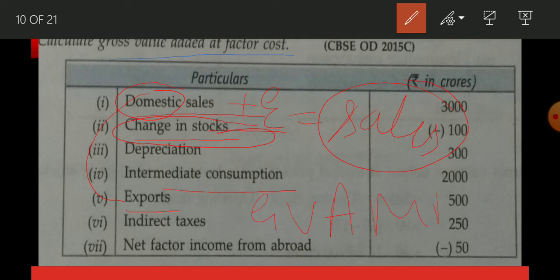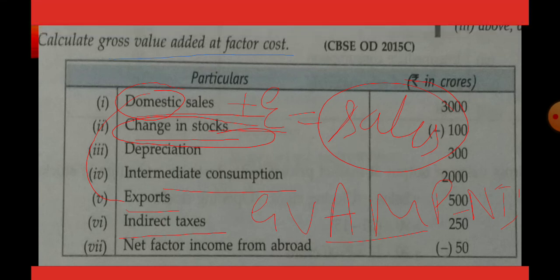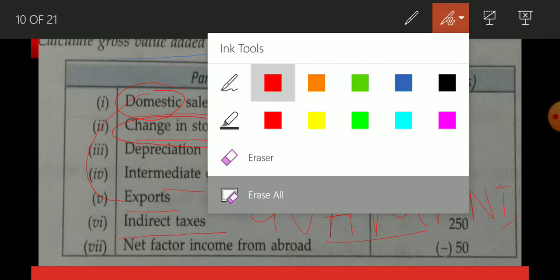And what we have to calculate? GVA FC. So from this equation we have to subtract NIT. Okay, here you can see only the value of indirect tax is given. So as I told you now, if only indirect tax is given, then it is subtracted. So I think you have noted down this question.